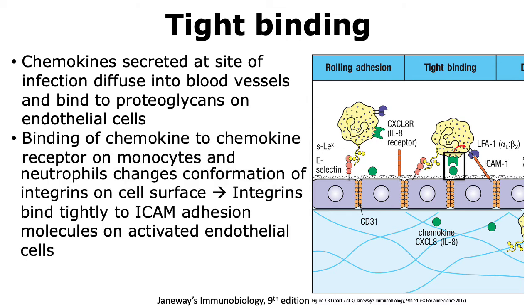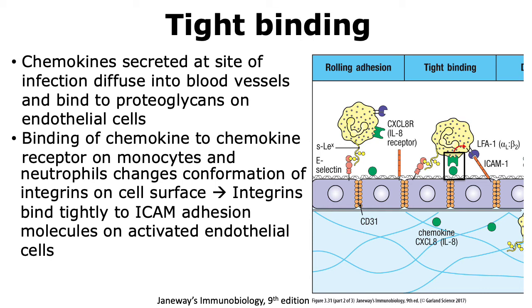Now, binding of the chemokine to the chemokine receptor can happen because of the slow movement of the neutrophil in this example. Even though I say neutrophil all the time, the same thing happens with monocytes as well. So going back to the figure, we can now see that that slow-moving neutrophil is now able to associate with the cytokine, or in this aspect, the chemokine, that is present on the proteoglycans because it expresses the chemokine receptor.